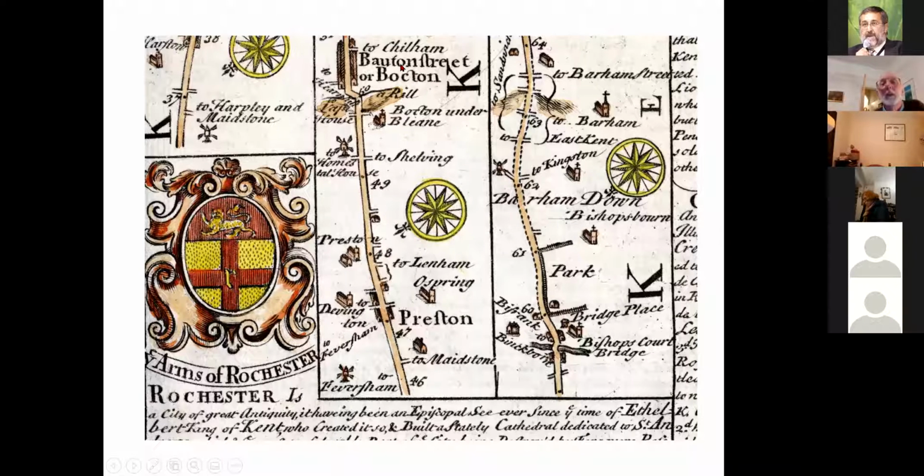In fact, Bourton is spelt in 3 ways on this same map. 1, 2, 3. And Faversham is entirely off the map because it's not on the main road. Feversham again with an E. And Preston shown much larger. So Preston at that time, in terms of this route, was of equal importance to Bourton.